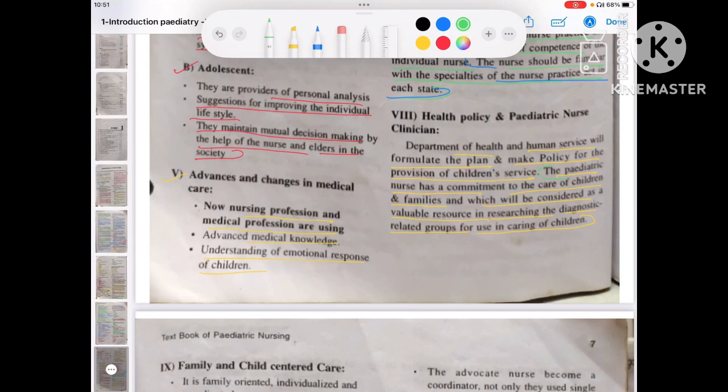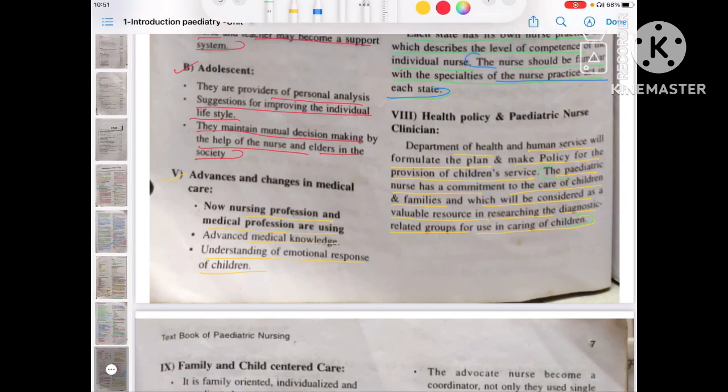It's not only care to the children; they will give care to the families, on how to take care of the baby.